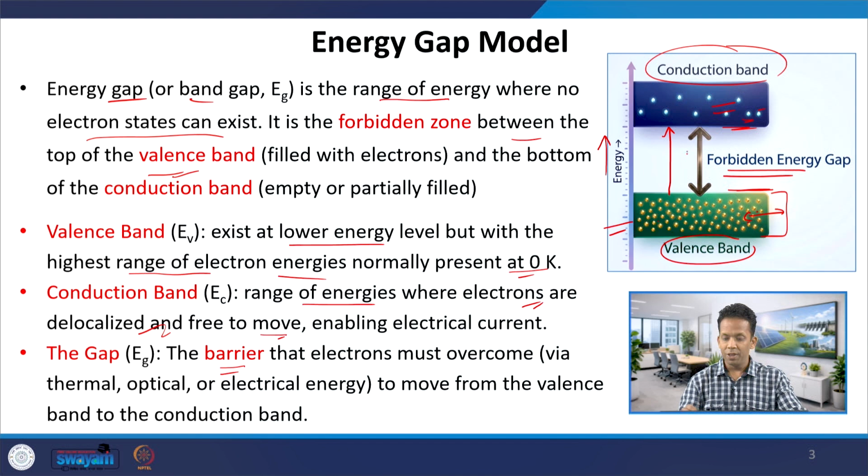And once they overcome this barrier, they can move from valence band to conduction band, and once they go in conduction band, then they are able to get delocalized or move, generating electric current.